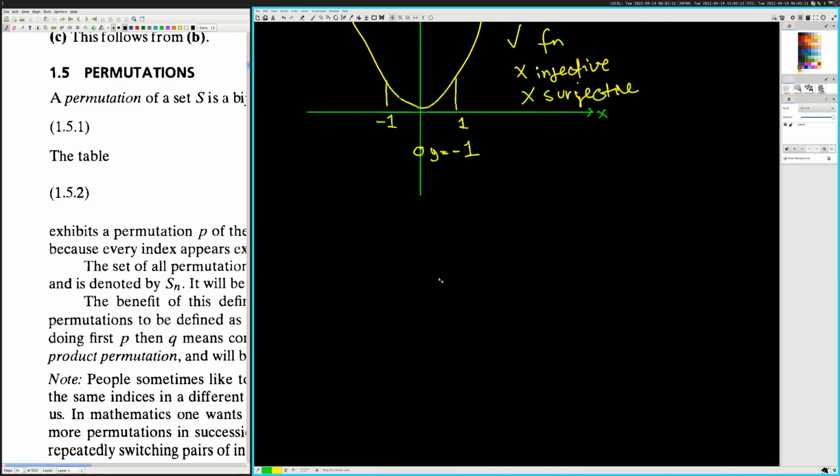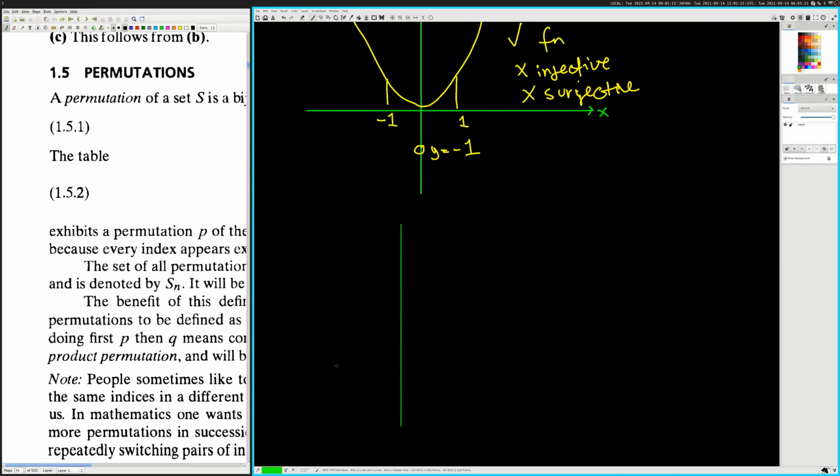Let me think of another example. Can I think of something that is injective but not surjective? If we only take the positive branch of the square root function, let me make that bigger.